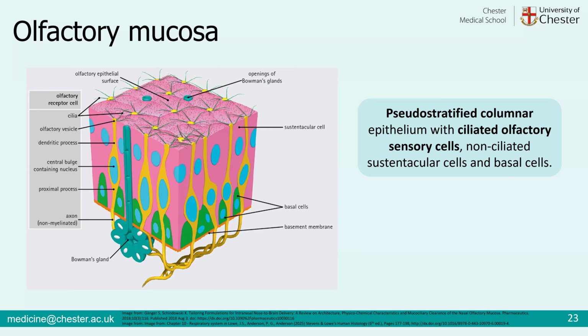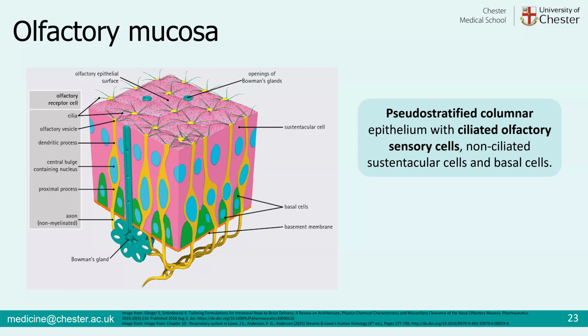The interesting and, I guess, most important ones here, however, are those olfactory sensory cells, the ones in yellow. You can see they have a bulging nucleus sitting quite centrally in the cell, and then they have extensions progressing in a bipolar nature, so an extension coming up from the cell. They have this dendritic process that extends towards the luminal surface, which then expands into this olfactory vesicle from which we have cilia extending.